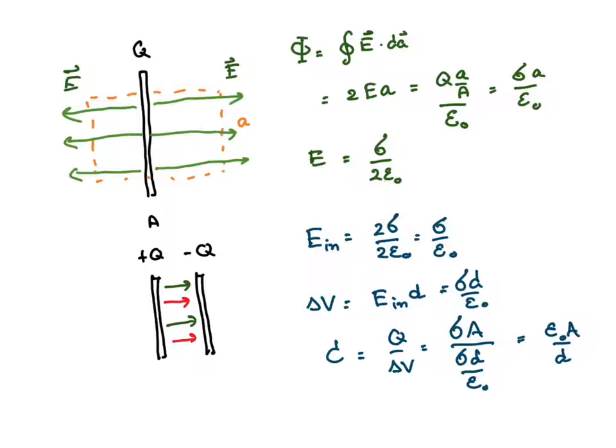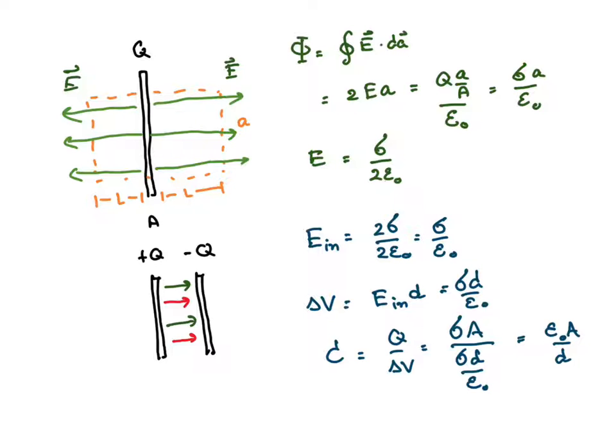So if we create a Gaussian surface as a dashed line here, which has an area A, and the two ends of the Gaussian surface are at the same distance from the plate, we may have this L, and this is also L.